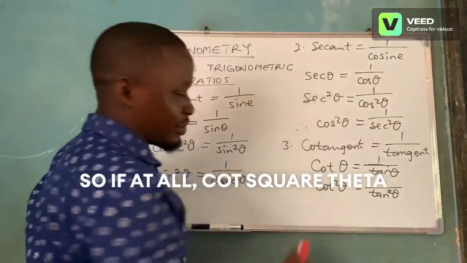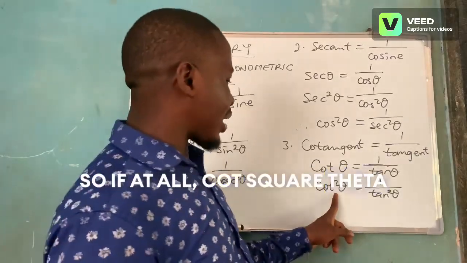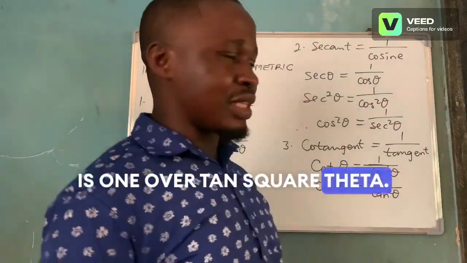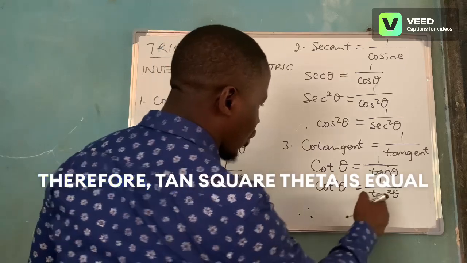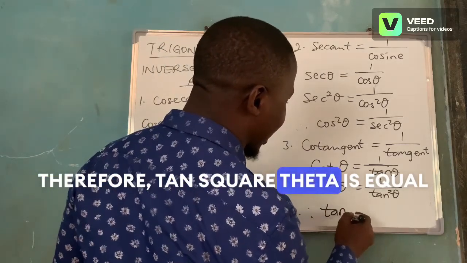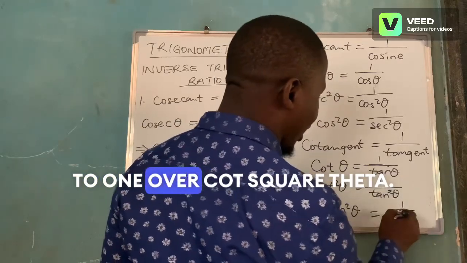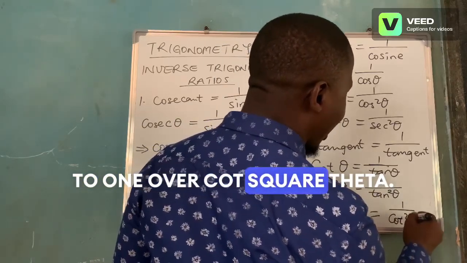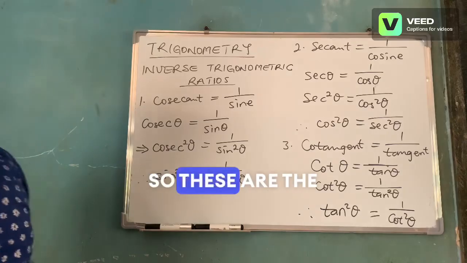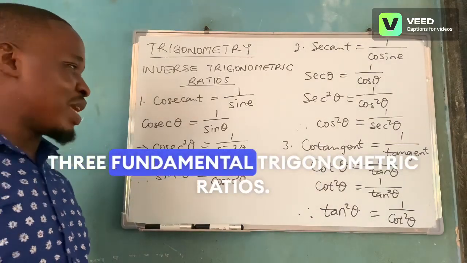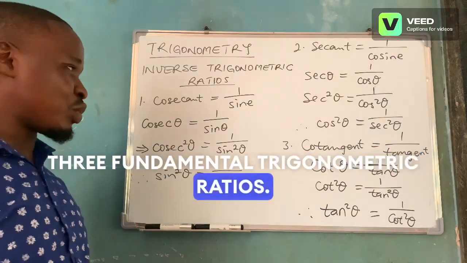So if cot square theta is 1 over tan square theta, therefore tan square theta is equal to 1 over cot square theta. So these are the three fundamental trigonometric ratios and their inverses.